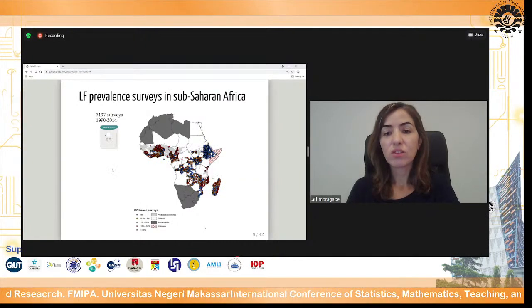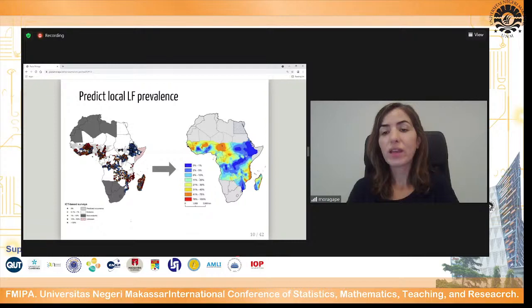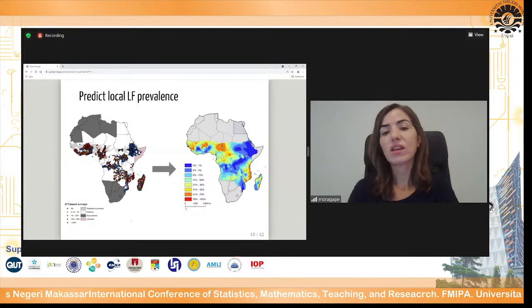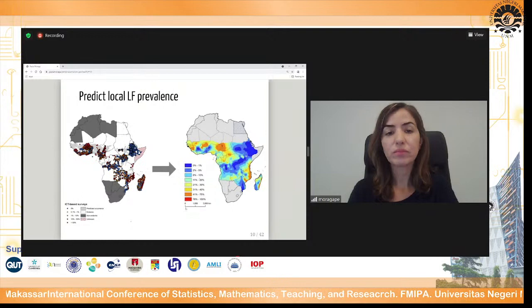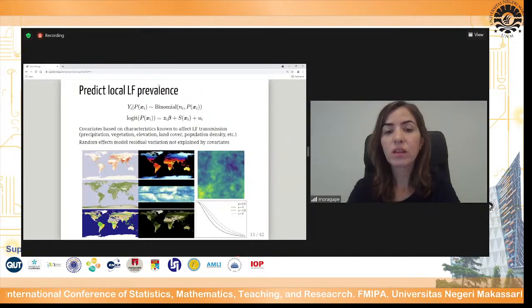So the objective is to use this information to predict a spatially continuous surface of lymphatic filariasis prevalence that can be useful to understand local prevalence and can be useful for decision making. So this is the model that we use.